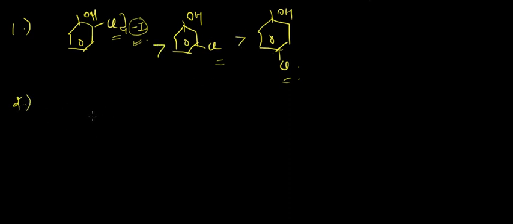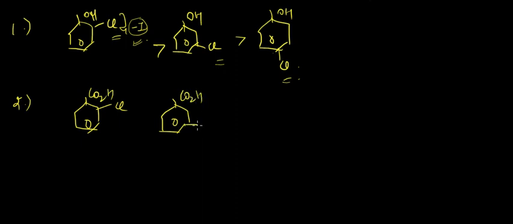Second example is, what would be the acidic strength for these? Let's say these two groups are bulky, so it would have SIR effect which would lead to the rotation of this bond, and no plus M effect will be there from the phenyl ring to the carboxylic acid.